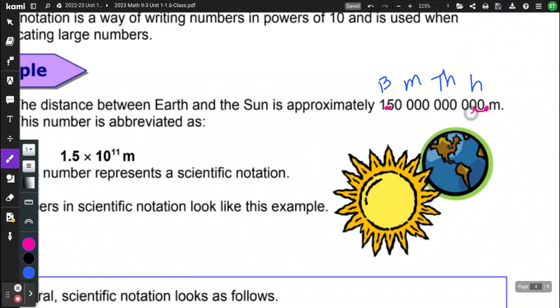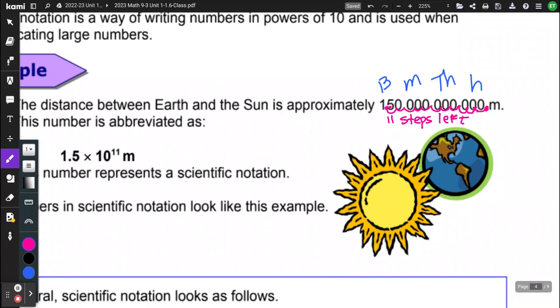So I would move 1, 2, 3, 4, 5, 6, 7, 8, 9, 10, 11 steps. 11 steps left. Okay, 11 steps to the left is where it moved.